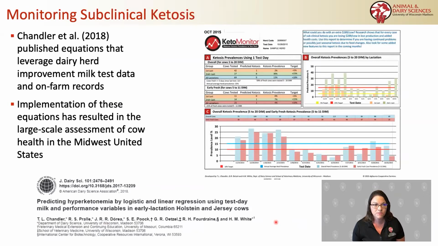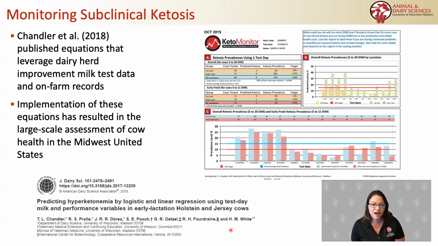This work was completed actually shortly after I joined faculty at UW. This was one of the first projects I did in Wisconsin. And we published this paper that included equations that leveraged these dairy herd data. So things like days dry and milk production that we would be recording on farm, along with the milk test data.